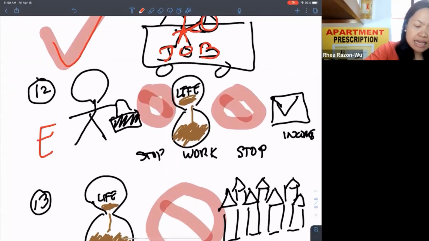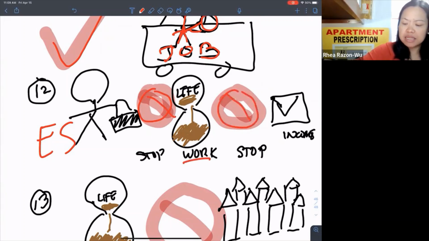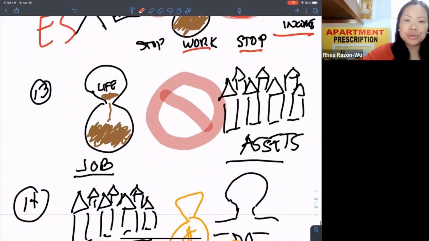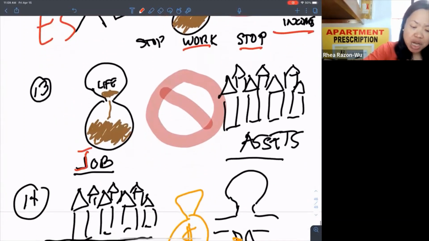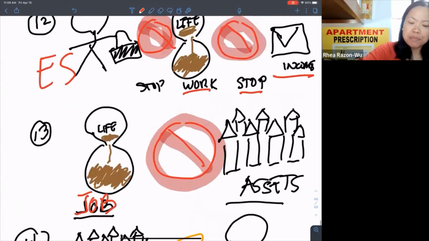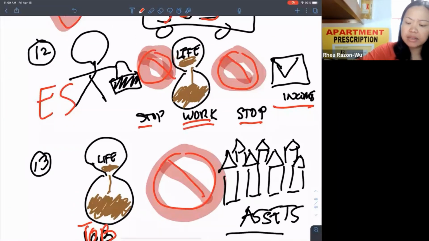The E and the S, employee, self-employed, specialist, small business, if they stop working, then the income stops. There is no more income coming in. Point number 13. The job, therefore, is not an asset. Why? Because if you stop working, then the income stops coming in.